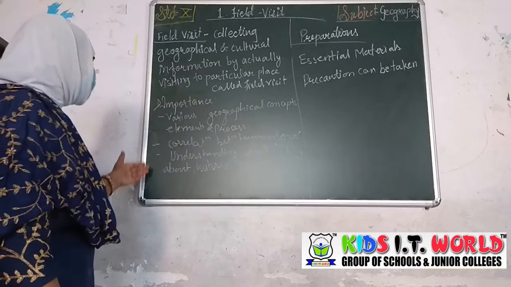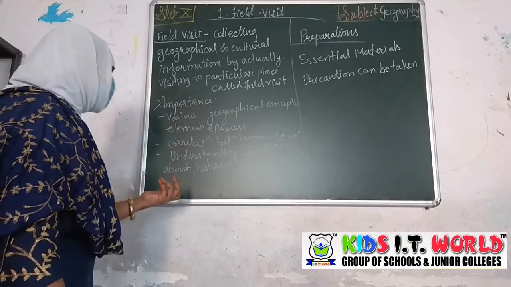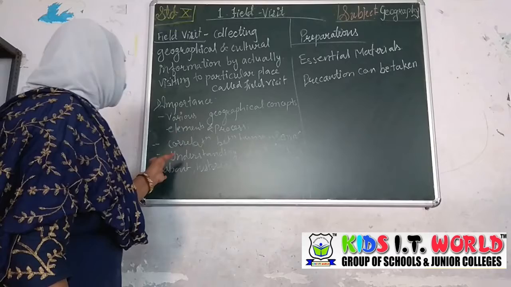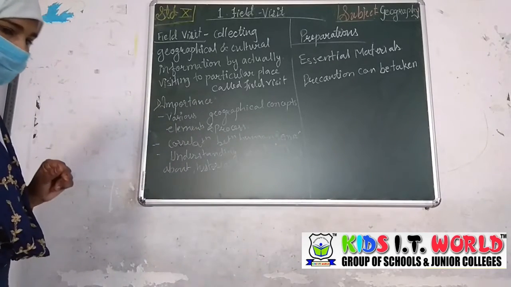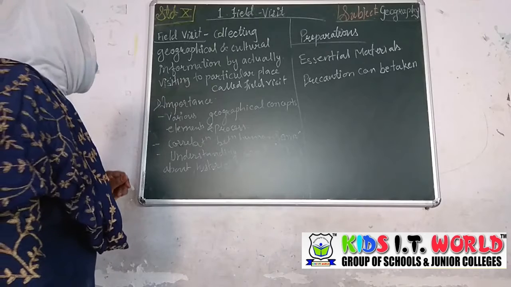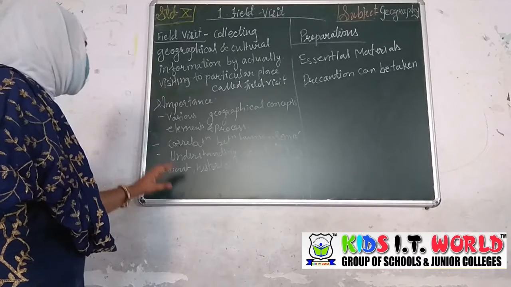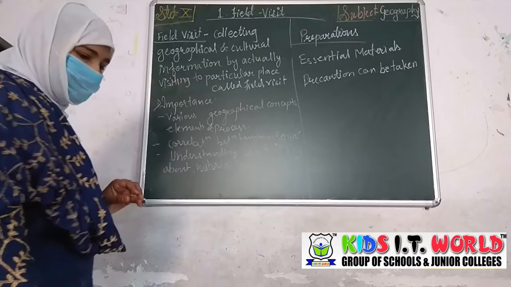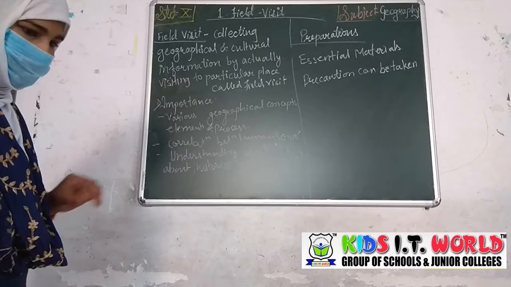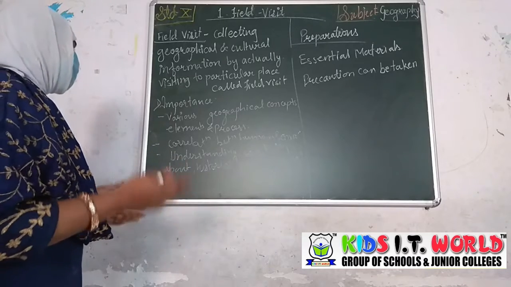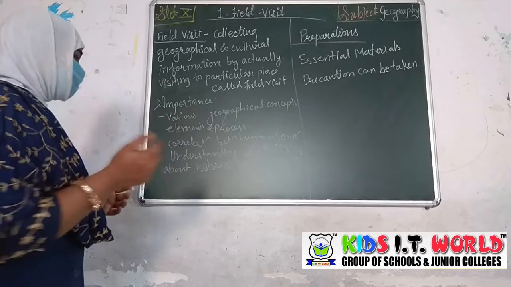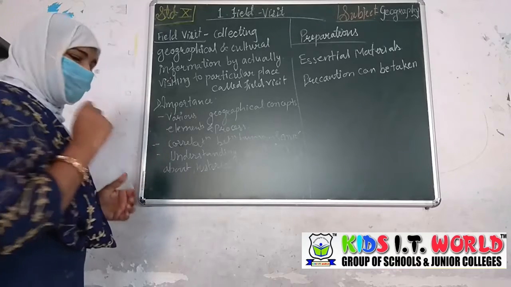How humans and the environment interact, we understand because of the field visit. Next, understanding the sensitivity about the historical, social and cultural factors of the geographical place. Because of the visit we can correlate and understand the sensitivity of the particular place.